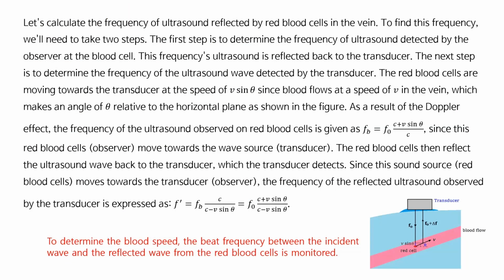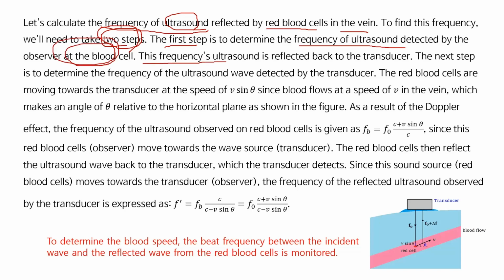Let's calculate the frequency of ultrasound reflected by red blood cells in the vein. To find this frequency, we will take two steps. The first step is to determine the frequency of ultrasound detected by the observer at the blood cell.